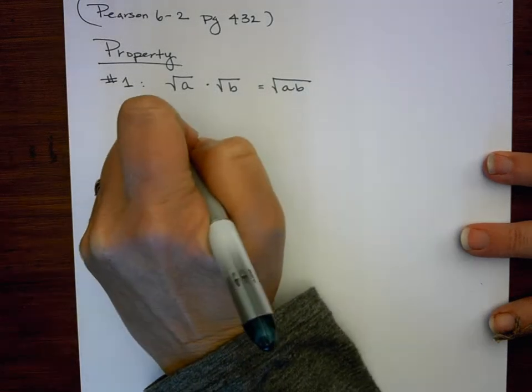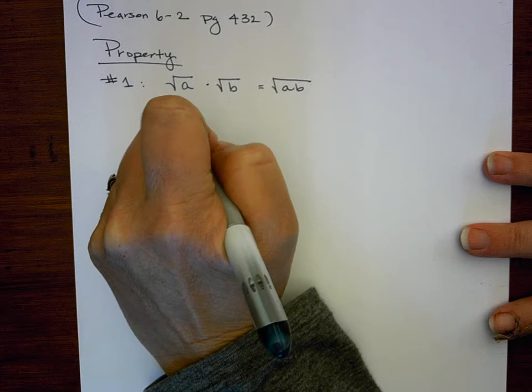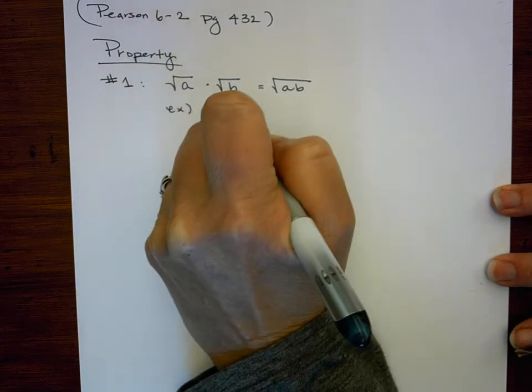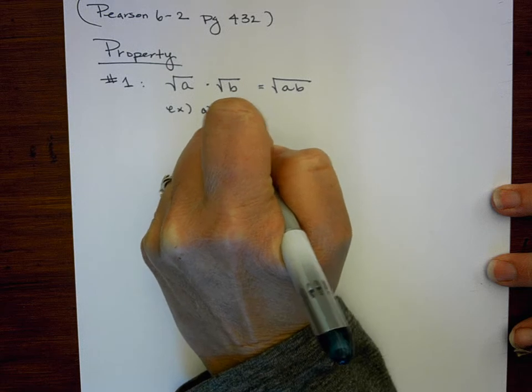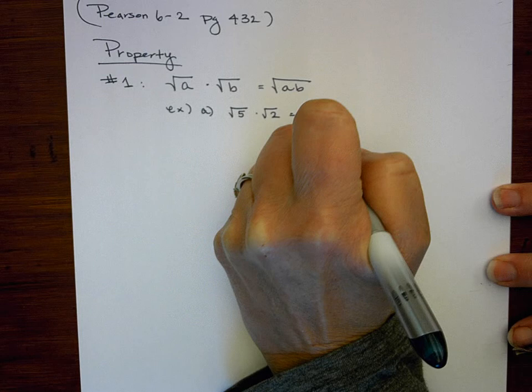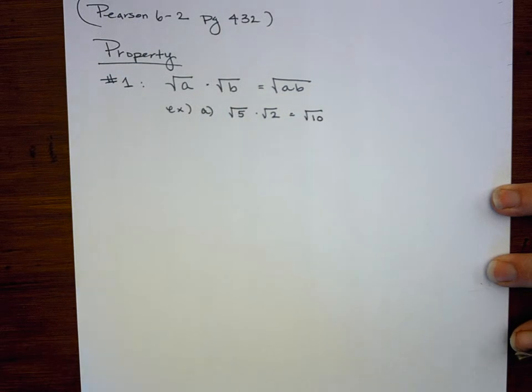So, for example, we'll just do a couple quick ones here. If I have the square root of 5 times the square root of 2, that would just be 5 times 2, or the square root of 10.